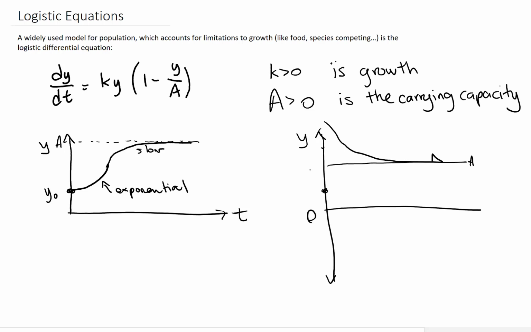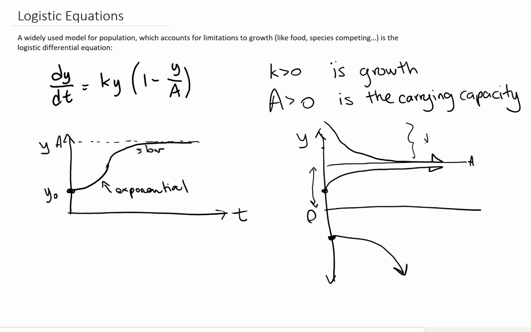If you start with an initial condition inside this zone, you will move up to it. And if you choose an initial condition that's below 0, this just takes off and goes to negative infinity. So there's this stable line at 0.